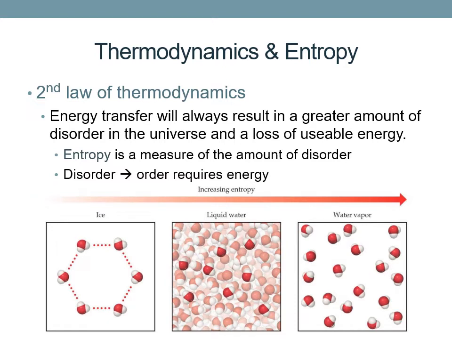So we can think of those toys, when they're all over the place, as having a high state of disorder, very high entropy. But to put them back in the toy box, to collect them and make them ordered again, it takes a lot of energy. Okay, keep that in mind.